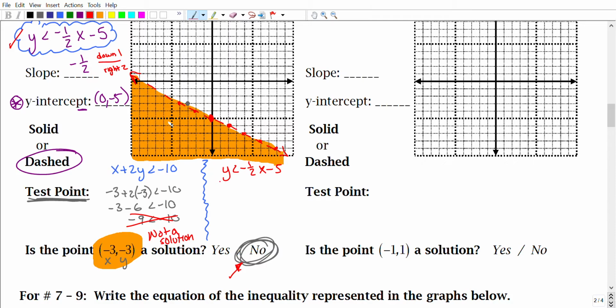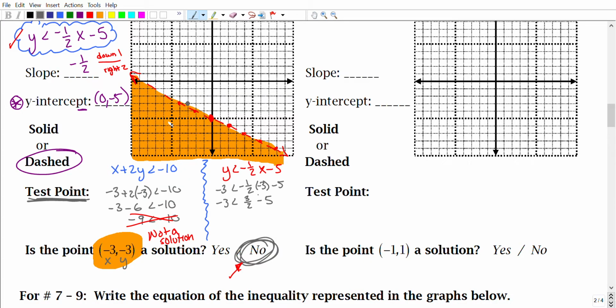Okay, so let's see. What do we get here when I substitute? I get -3 is less than -1/2 times -3 minus 5. This is -3 is less than, this is a positive, I should say, positive 3/2 or a positive 1.5, whichever one you want to do. I can write it either way.